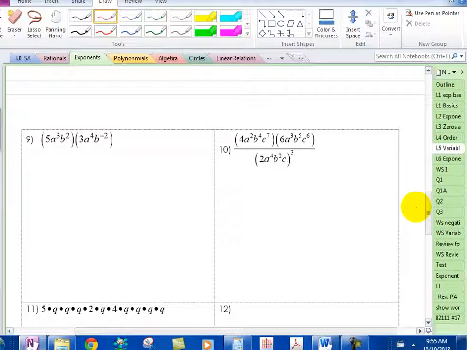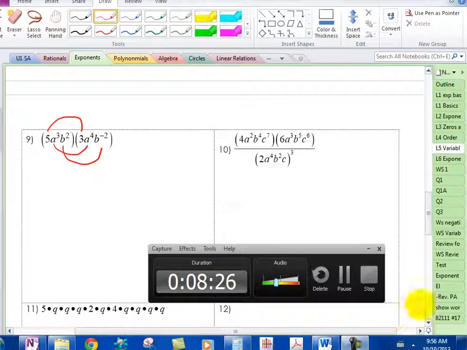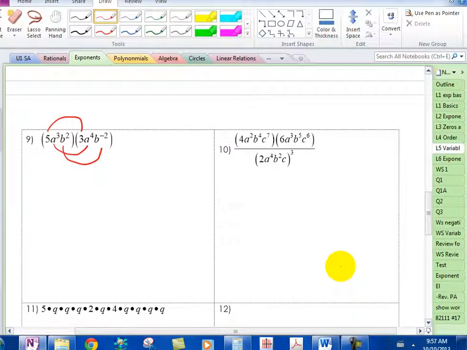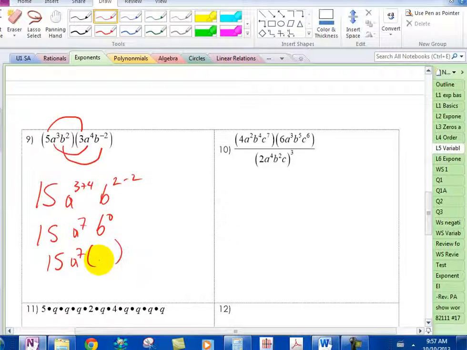For 9, you're going to multiply your numbers, multiply your a's, and multiply your b's. Go ahead. So 15, a 3 plus 4, b 2 minus 2. 15a7, b0. 15a7 times what?